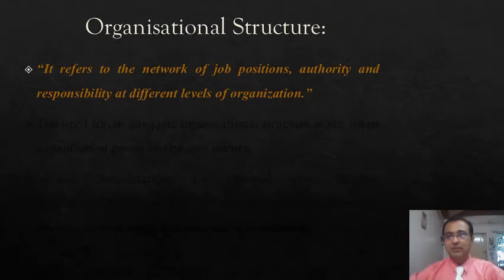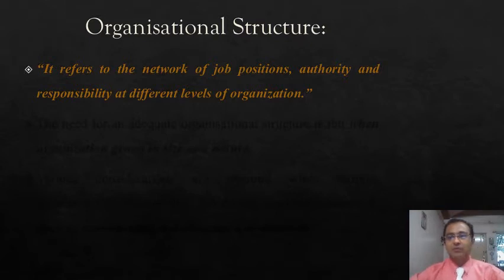While discussing the process of organizing, we have discussed identification and division of jobs, departmentalization, assigning duties, establishing reporting relationships. Now, this process will be exactly implemented at the stage of organizational structure.